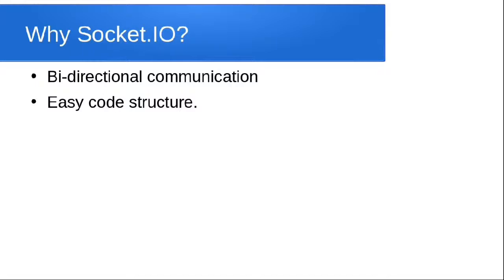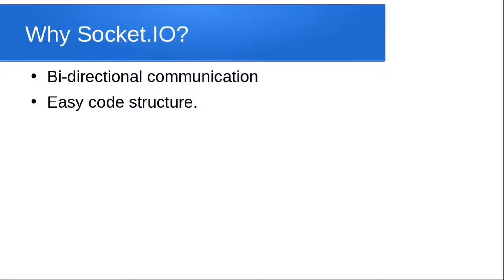So it is bidirectional communication. Why bidirectional communication? In traditional PHP based communication, the chat server always has to keep track of the timestamp. But in socket.io, no tracking is required. No tracking on timestamp is required anymore. Whenever any event occurs, it sends to the opponent nodes, or you can say opponent client or server.